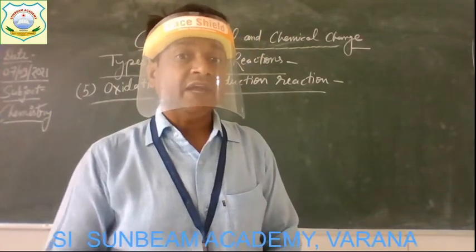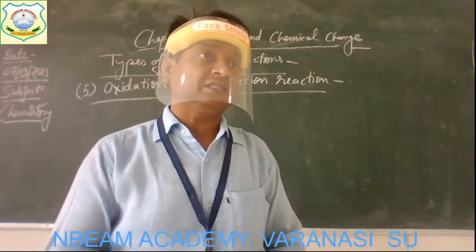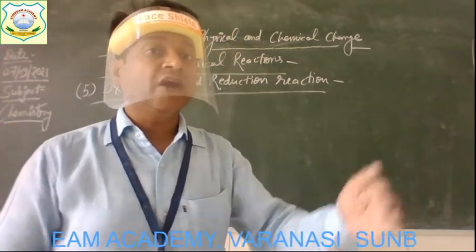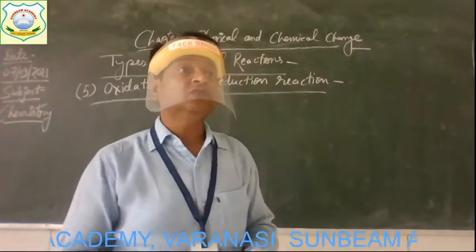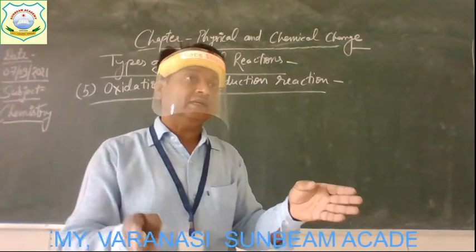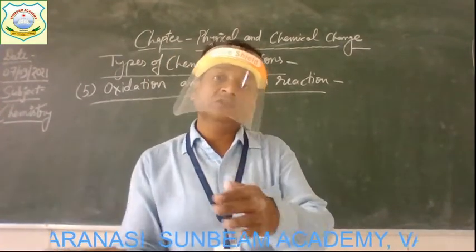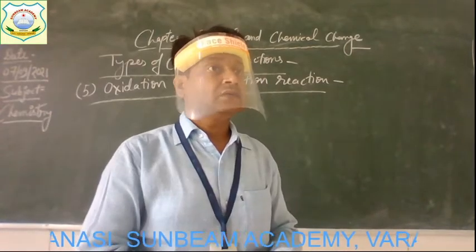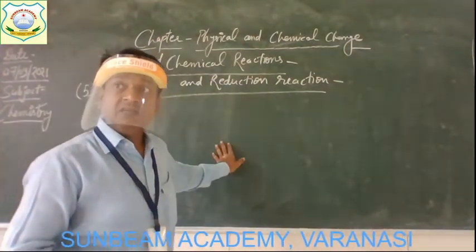In this kind of chemical reaction, addition of oxygen takes place or removal of hydrogen takes place. So, in any chemical reaction, oxygen is going to be added and forms the compound, or hydrogen is going to be removed. Such reactions are known as oxidation reactions.